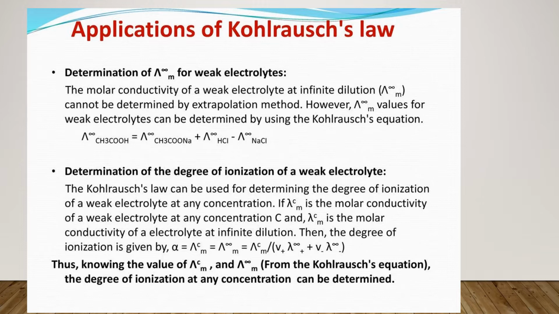The degree of dissociation of a weak electrolyte can be determined using this equation, that is alpha is equal to lambda Cm divided by lambda infinity m. Here it is not equal, it is divided. So alpha is equal to lambda Cm divided by lambda infinity m, and lambda infinity can be determined using Kohlrausch's law.